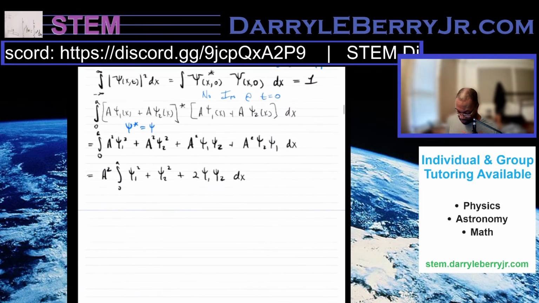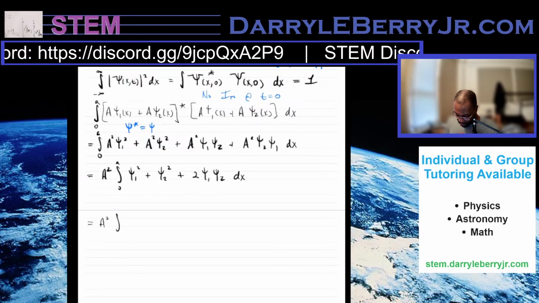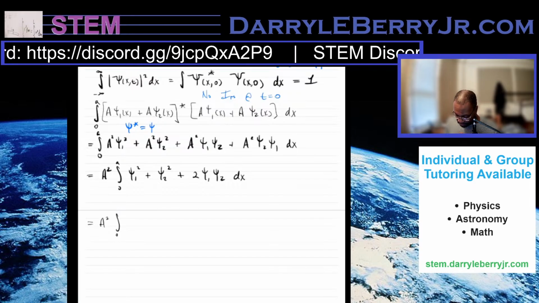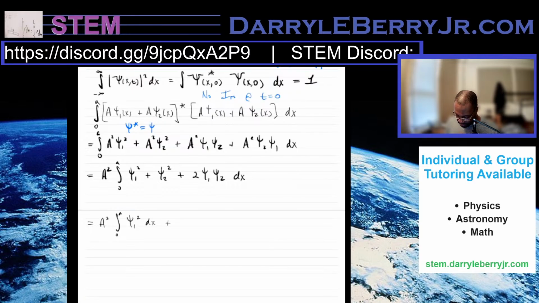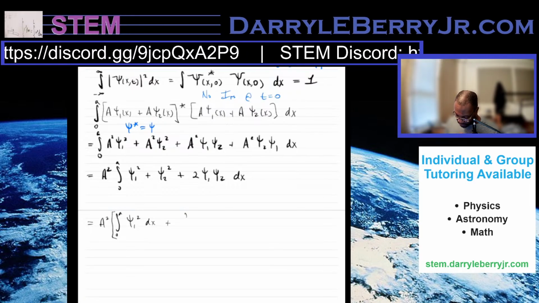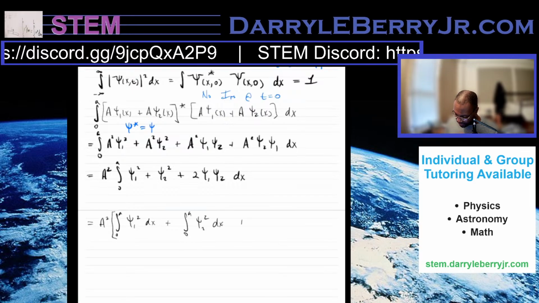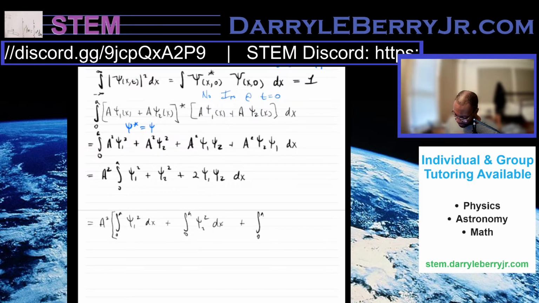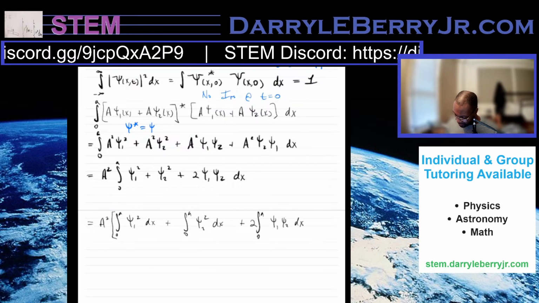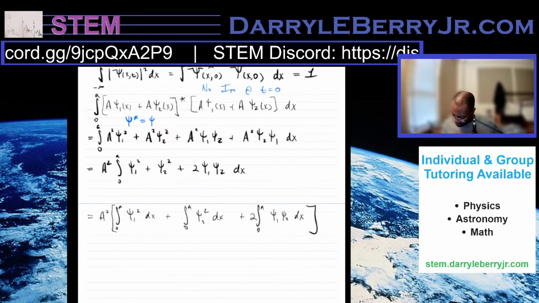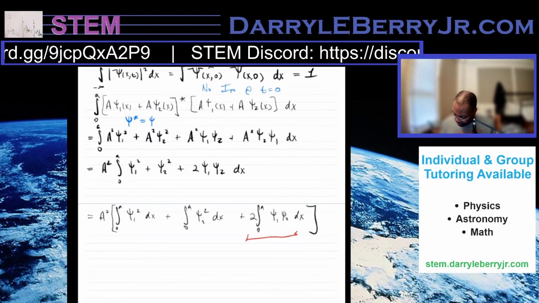And we could break this into 3 integrals, and we will have a squared times the integral 0 to a of psi 1 squared dx plus the integral 0 to a of psi 2 squared dx plus the integral 0 to a of 2 psi 1 psi 2 dx. And by orthogonality, this equals 0.